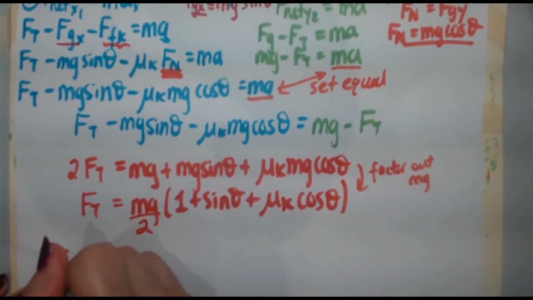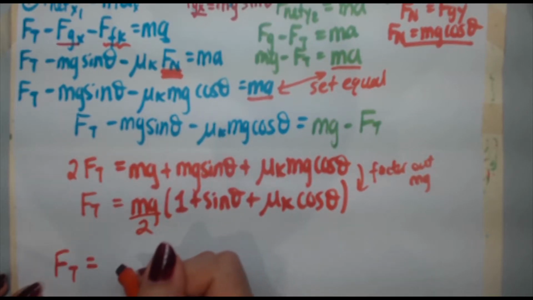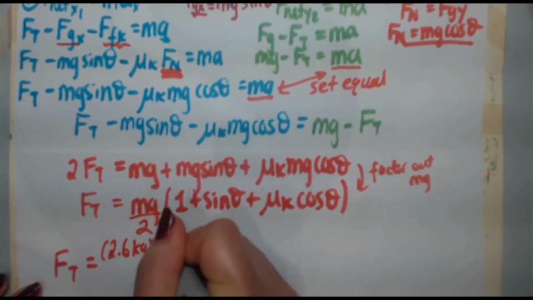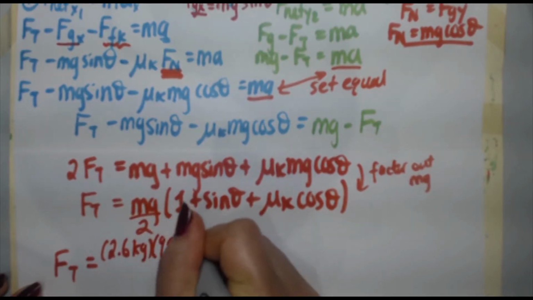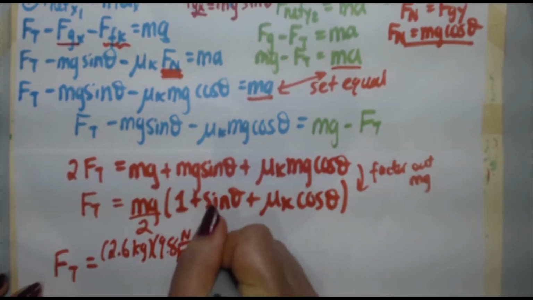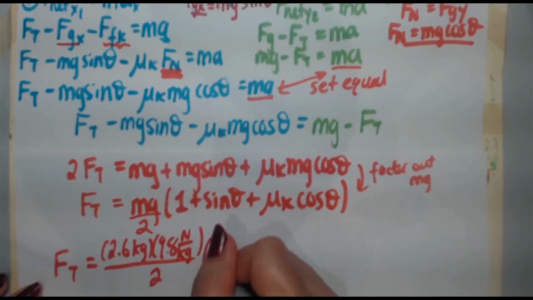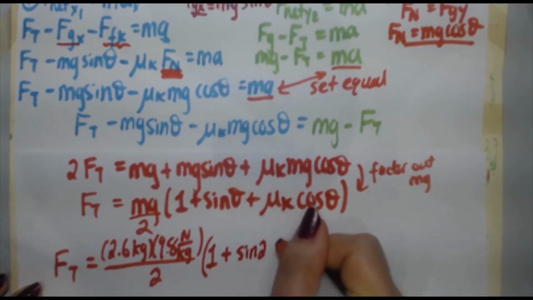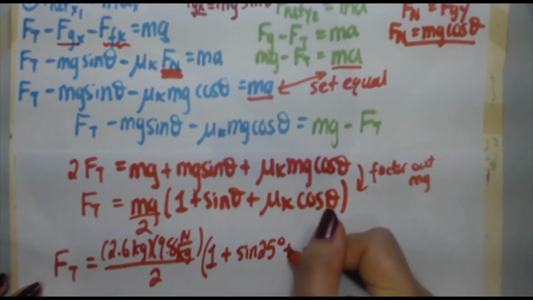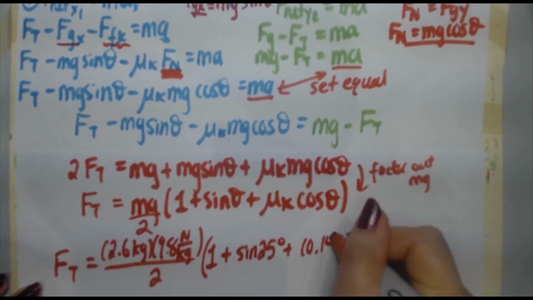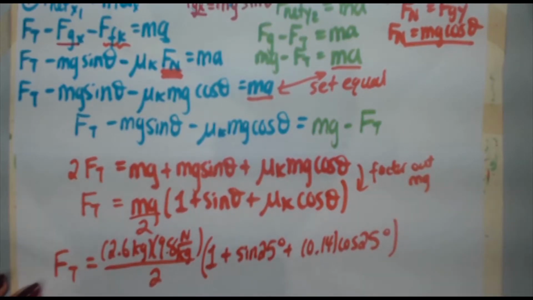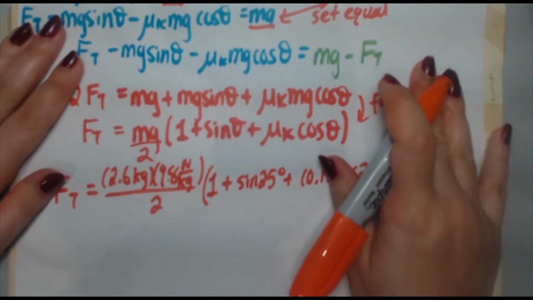So Ft equals m, masses are all the same. It's 2.6 kilograms. G is 9.8 newtons per kilogram, divided by 2, bracket, 1 plus sine 25 degrees plus 0.14 cosine 25 degrees.